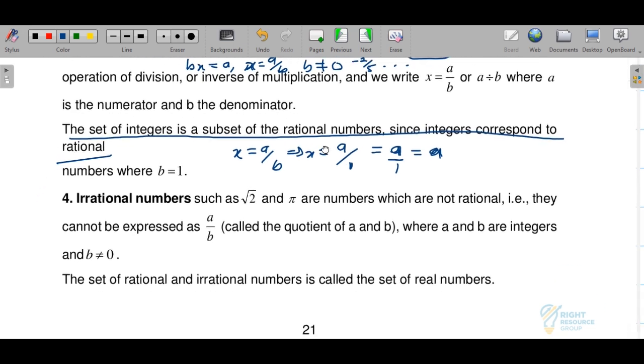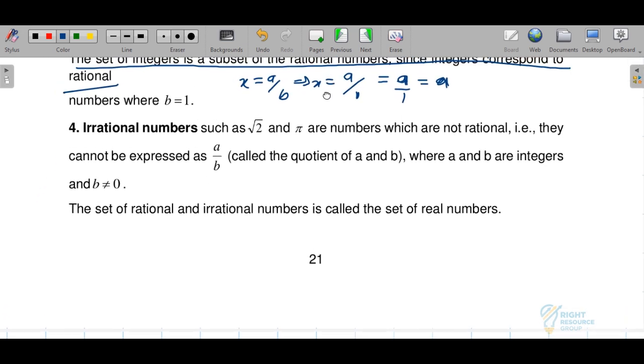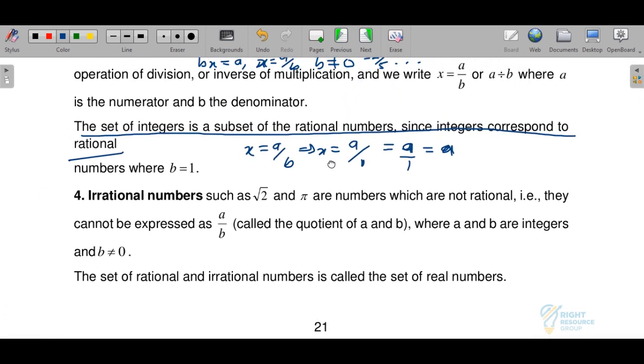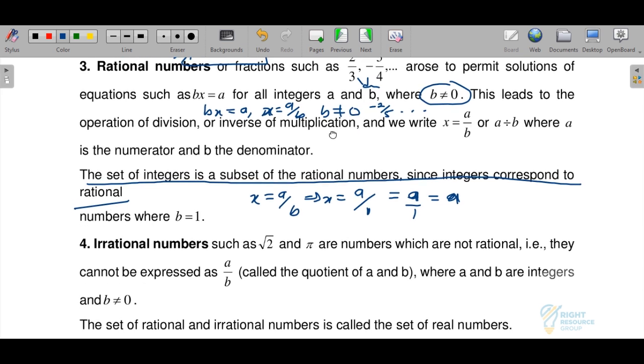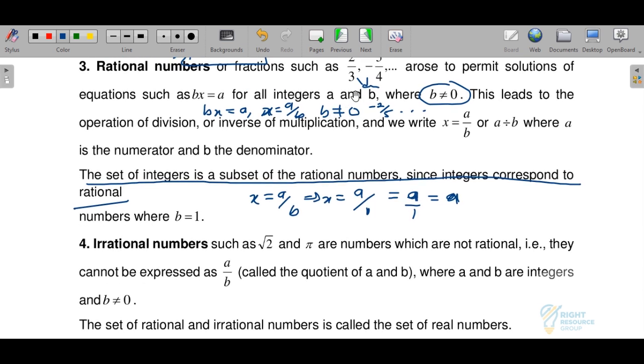So let's look at another concept, which is the irrational numbers. Unlike the rational numbers, we see numbers represented in a short form, things like root 2, pi, 2 root 2, root 3, root 5, right?